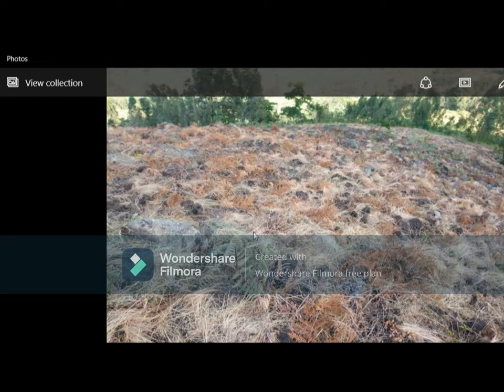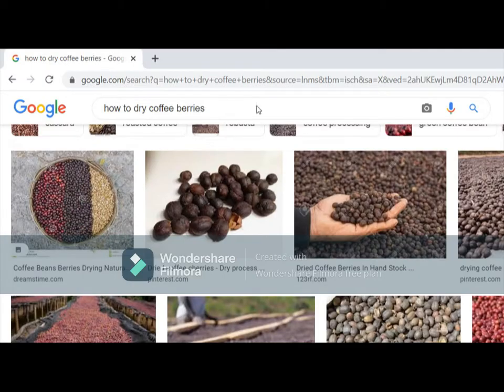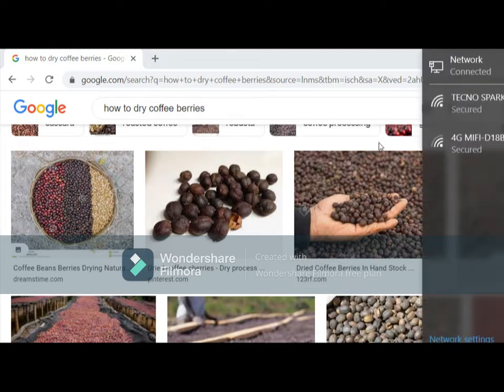You come and dig a hole. Unfortunately, I don't have a hole here. Let's assume a hole is dug around this area. After digging a hole, you bring manure. You can use goat's manure. I want to show you a bit. Goat's manure or cow dung, but goat's manure does it best.